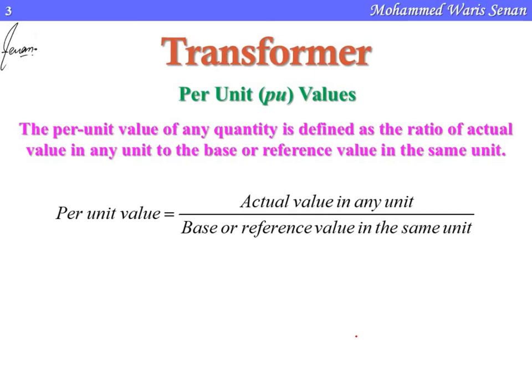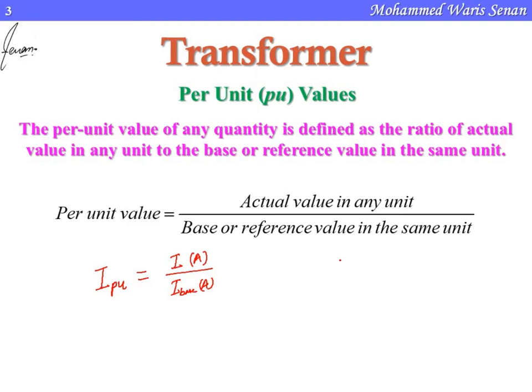For example, if we need to write the per unit value of the current, the per unit value of the current I per unit will be equal to current in amperes divided by the base value of the current in amperes.